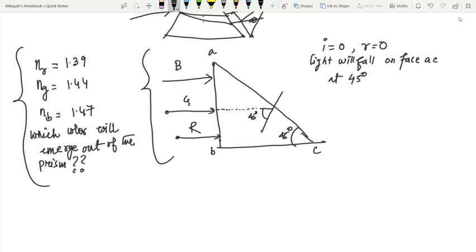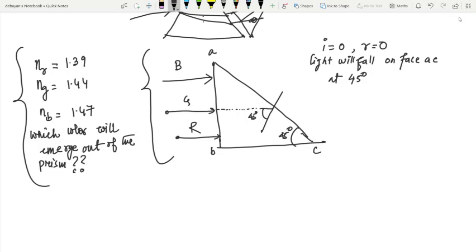So what we can say is that face AC allows emergence of light if the angle of incidence is not greater than the critical angle.